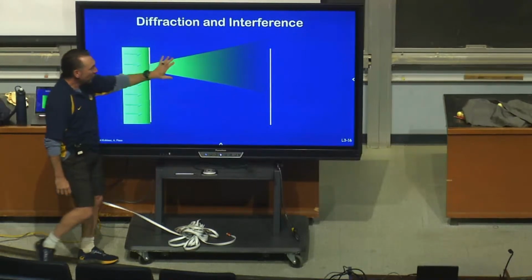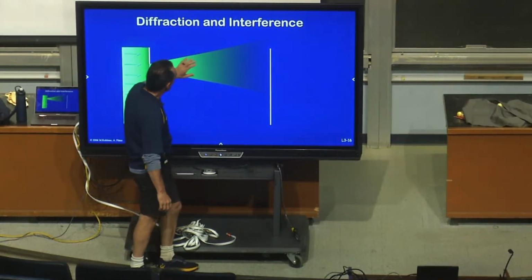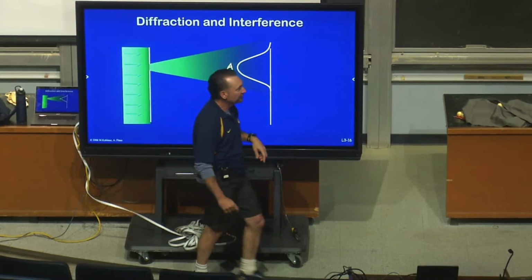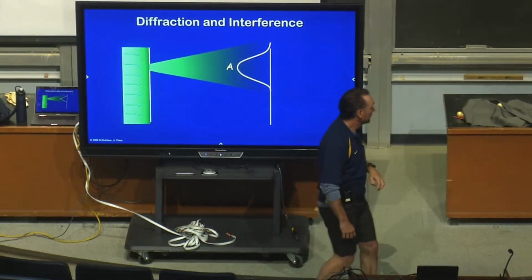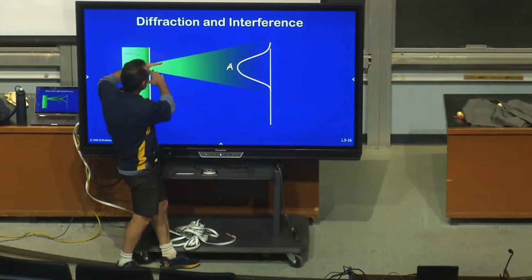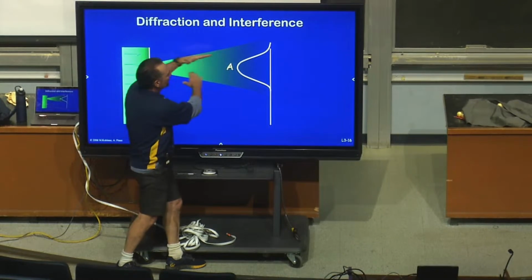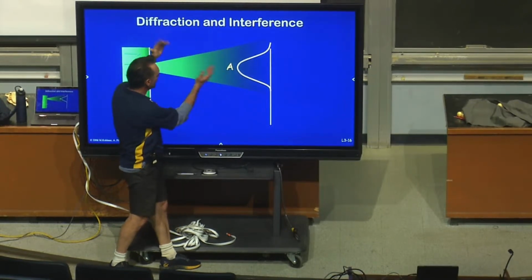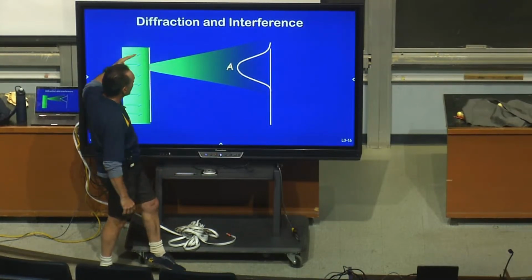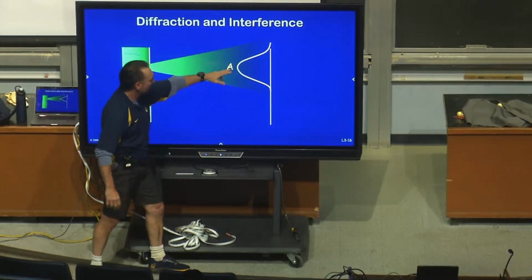If you just have one hole, the light goes through and you get some light intensity on the screen. It would actually be bigger than the hole because the light diffracts, the waves diffuse. Even water waves would diffuse out through a gap.